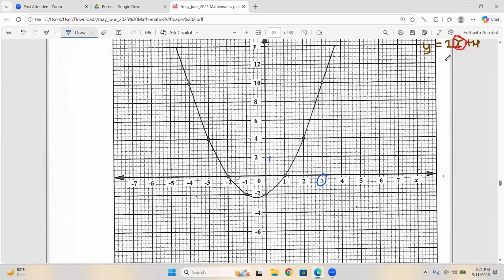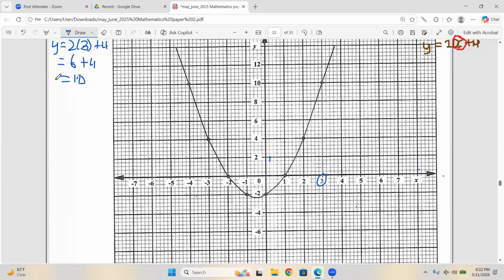So when x is 3, which means we are replacing this x here. Let's write it on the side. We're replacing x with 3, so it's going to be 2 multiplied by 3, because 2x means 2 multiplied by x. You can use calculators for this. 3 2s are 6. 6 add 4 is 10.